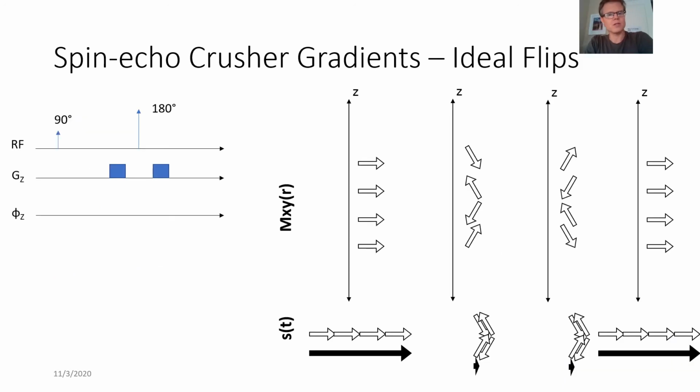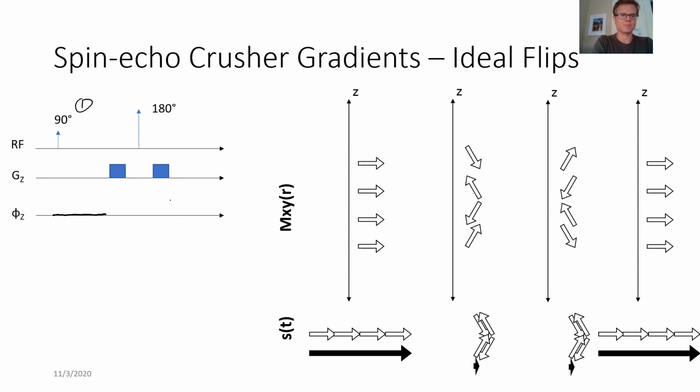Okay, so as we have just discussed for gradients with spin echoes, if we have our normal pulse sequence behavior here, meaning we have our ideal flip angles of 90 degrees and 180, if we look at the phase that is accumulated in the z direction, it starts off as nothing. This is interval 1 here.